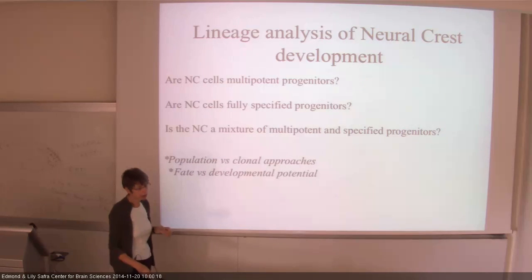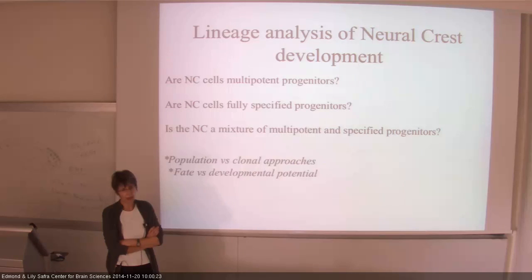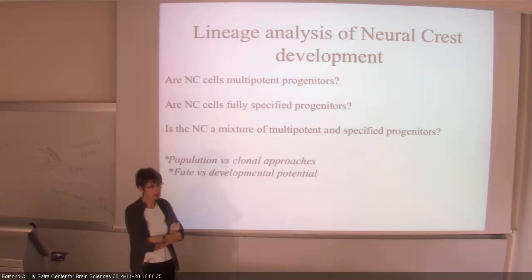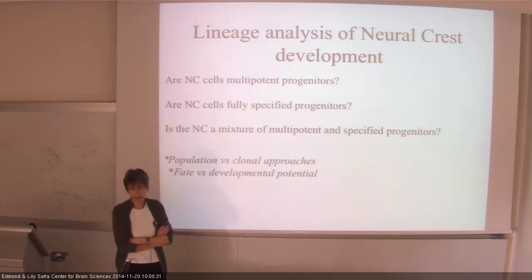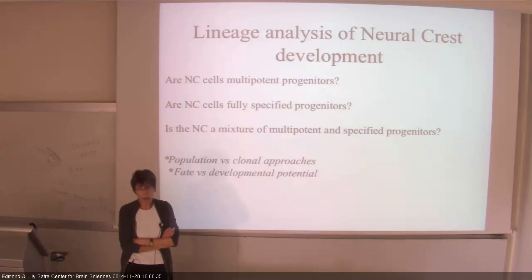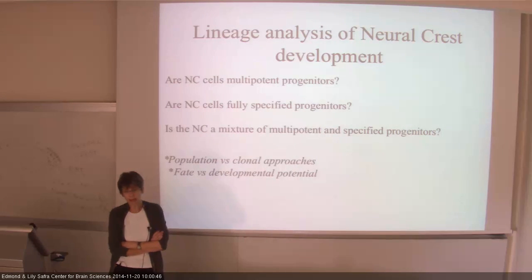If I'm going to tackle the potential of a population, what people do usually is they change the place in which a cell is born and ask whether in an ectopic place will it develop into the same derivative, will it recognize the cues to migrate to a different place and then develop as it should have developed, or will it respond now to the new cues that are given by the new environment?